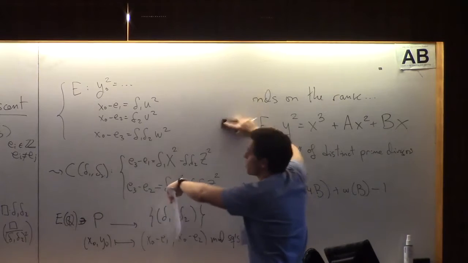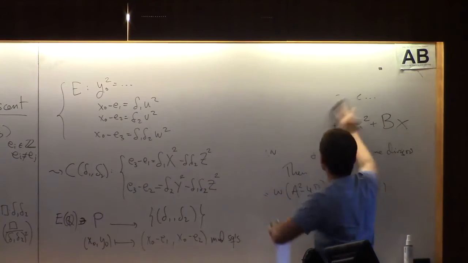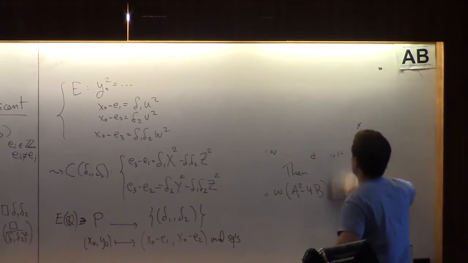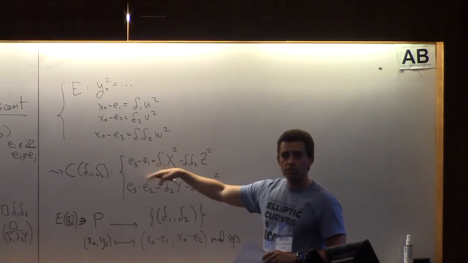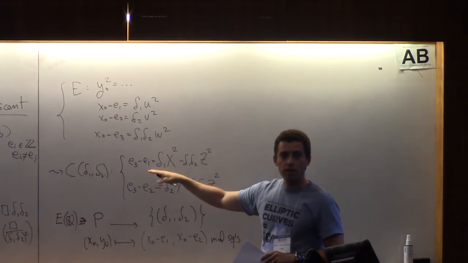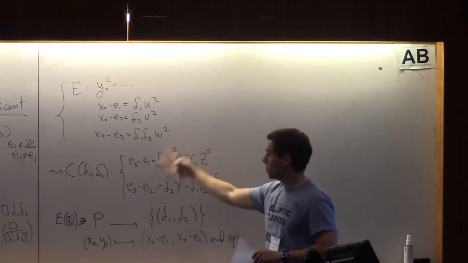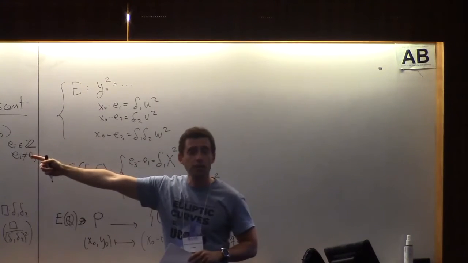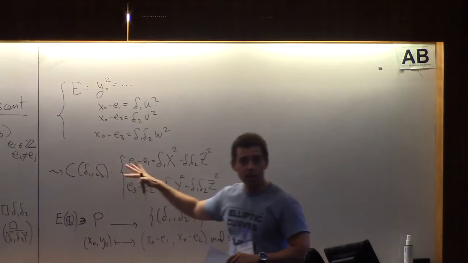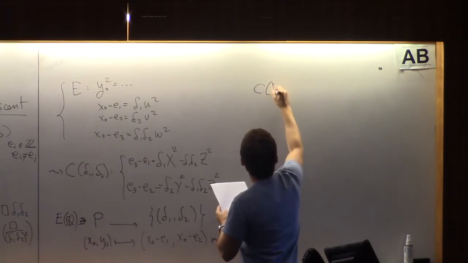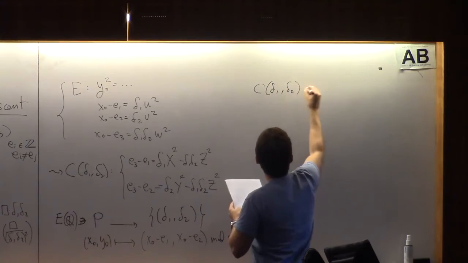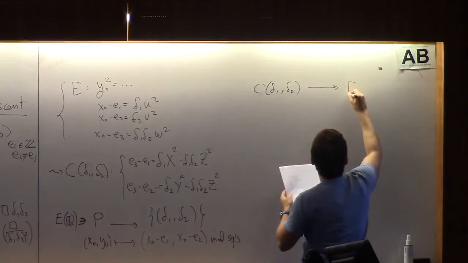But maybe I lost too much information here. I subtracted, I did some algebraic mumbo jumbo, and maybe I lost my point here. If I find a point here, can I go back and find a point on the elliptic curve? It turns out I didn't lose any information, and there's also a map from any of those delta 1, delta 2 spaces.